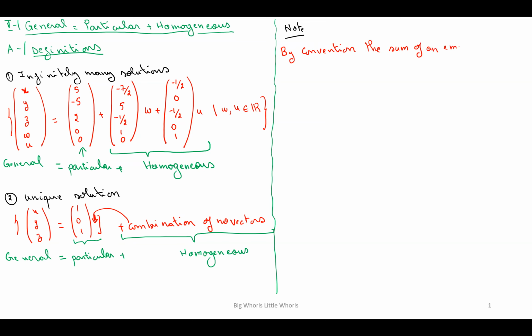In an empty set there are no vectors, so the combination of no vectors is the 0 vector.